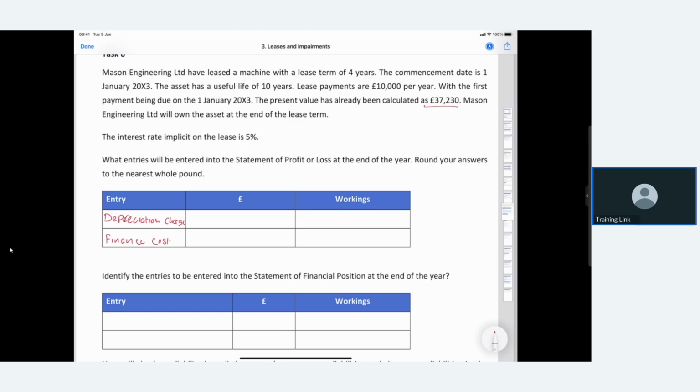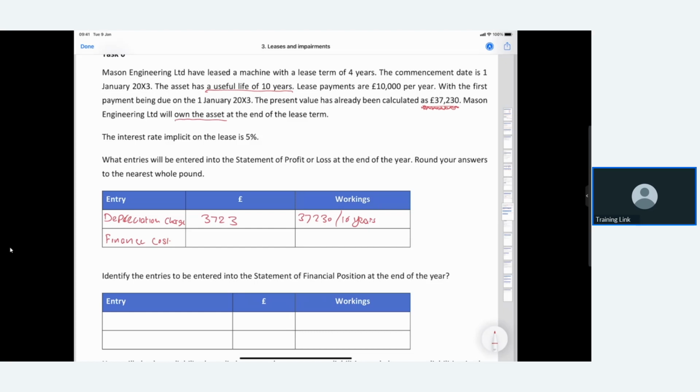It already says that the present value, which is what it needs to be valued at, has been calculated as 37,230. And it says the useful life is 10 years, and we will own the asset. So what we need to do is 37,230 divided by 10 years. And that would give us a yearly depreciation amount to go to the P&L, 3,723.